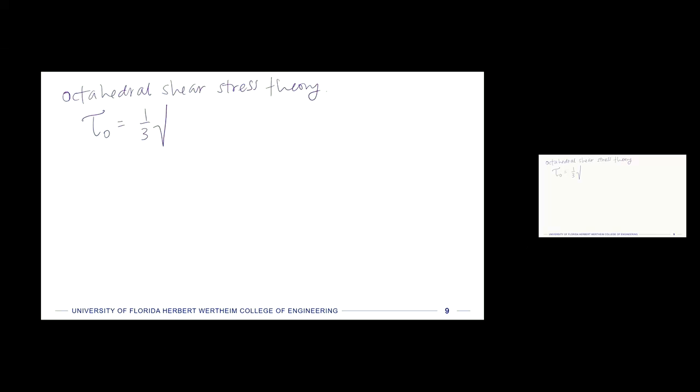It's a combination of the square of the differences: all these sigma primes, the difference between the combinations, each squared, then take the square root of it all, and you get this tau naught, which we'll call the octahedral shear stress.